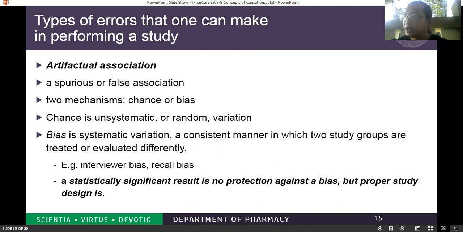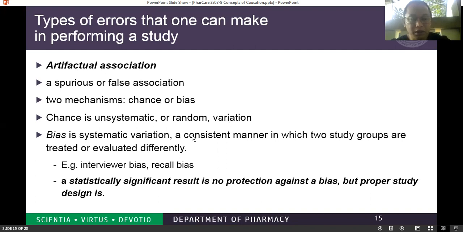It is called systematic because from one participant to another participant in our sample, we may make errors in measuring them, as well as in measuring the output for the outcome of the study, because of errors in the instruments, errors in the observers, and so on. So we call it bias.